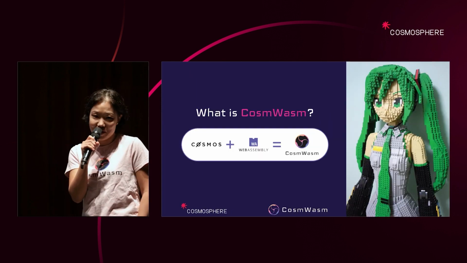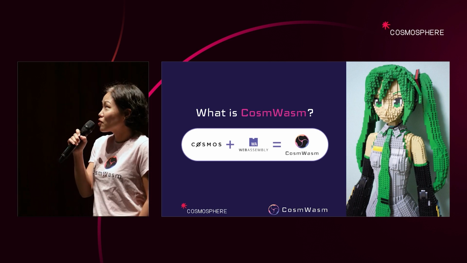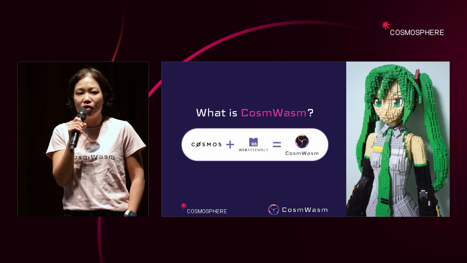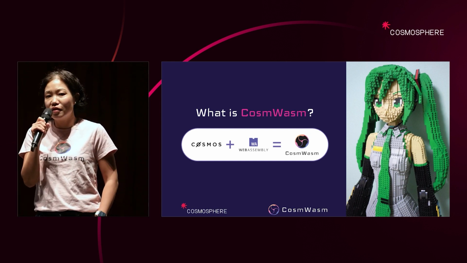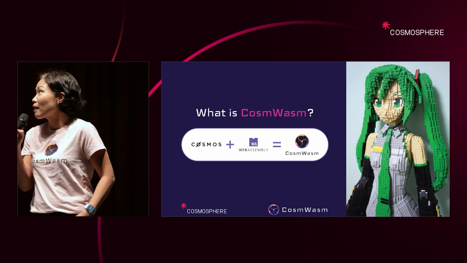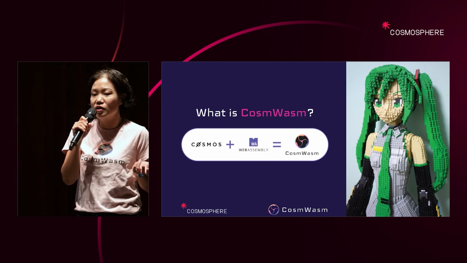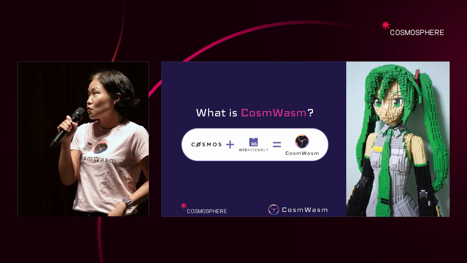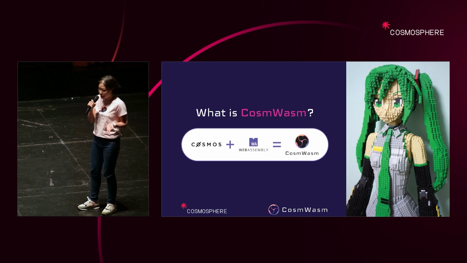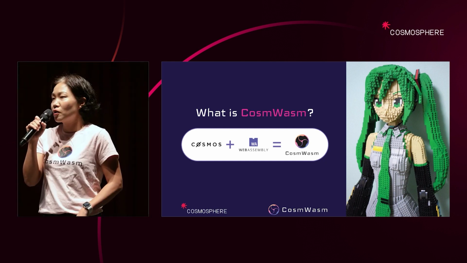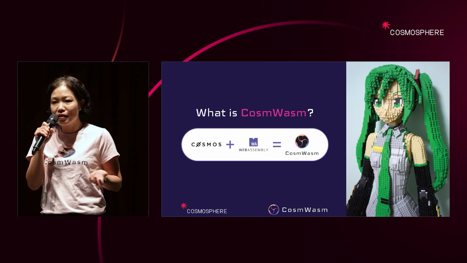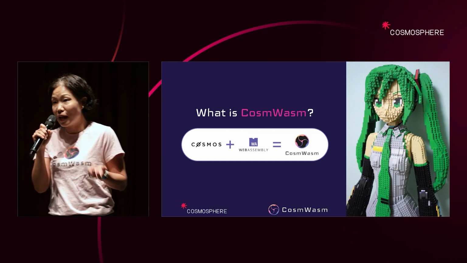So what is CosmWasm? Cosmos is an ecosystem of blockchains. It is designed with scalability from design, and it offers a modular architecture. Which means the Cosmos SDK offers different modules, for example governance, bank, and modules for staking or slashing.